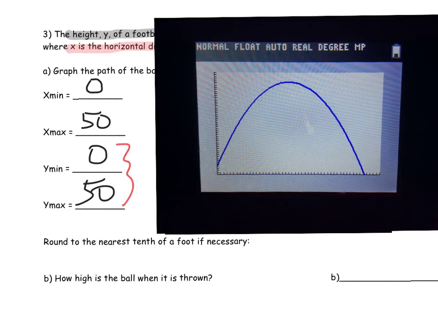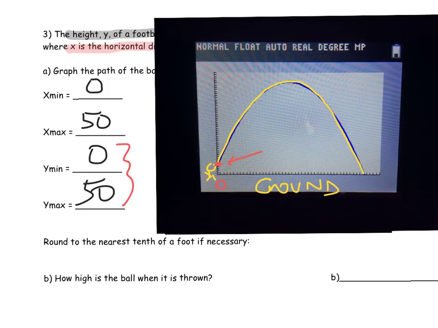Letter B, how high is the ball when it's thrown? Now, we have to understand what's going on. We have this person who's throwing the football. It's leaving their hand and following this parabolic path. So the x-axis is the ground. Basically, you want to know the height when the horizontal distance is 0.